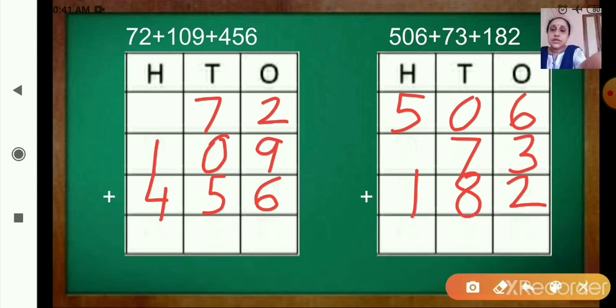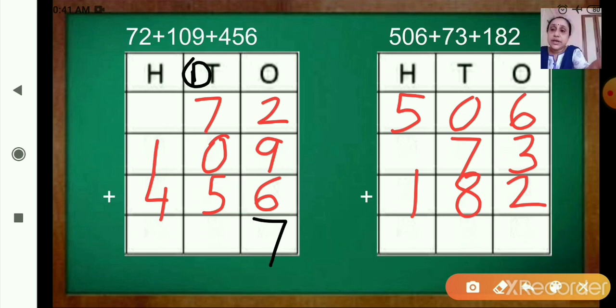Now we will do the addition. Okay, start adding the numbers from the ones place. 2 plus 9, 11. So you can write 11 in your rough place, and 11 plus 6 is 17. You will write 7 and 1 will be carried here.